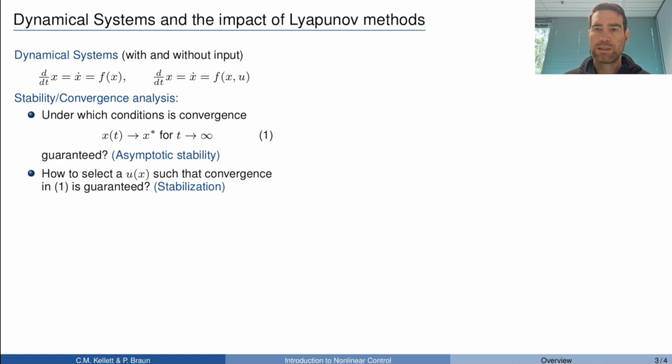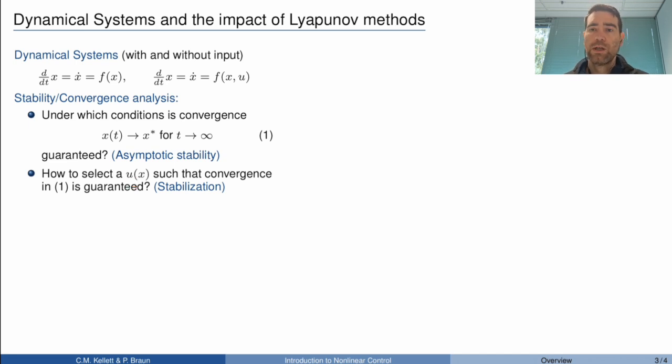That will be made more precise in terms of asymptotic stability, and this reflects the setting for our system without input here. In the case of a system with input, the general question will be, well, how can we select an appropriate input signal, u of x?